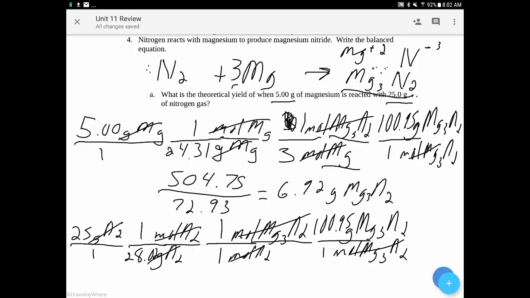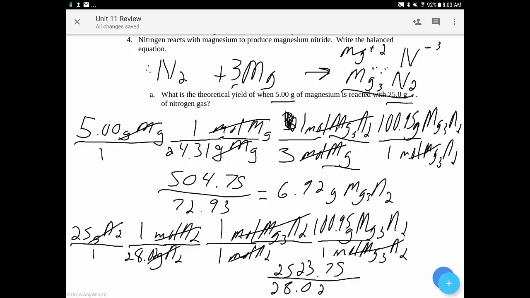Now again, we do our math, so 25 times 1 times 1 times 100.95, and we get 2523.75 on top. And then we do our bottom math, which is a whole bunch of ones except for 28.02.